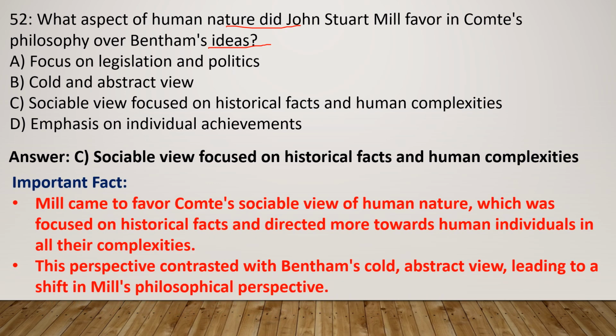Mill came to favor Comte's sociable view of human nature, which was focused on historical facts and directed more towards human individuals in all their complexities. This perspective contrasted with Bentham's cold, abstract view, leading to a shift in Mill's philosophical perspective.